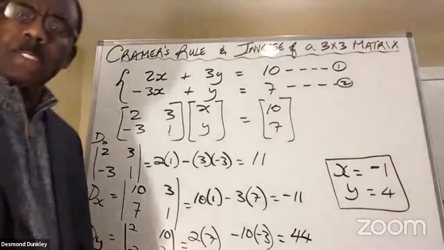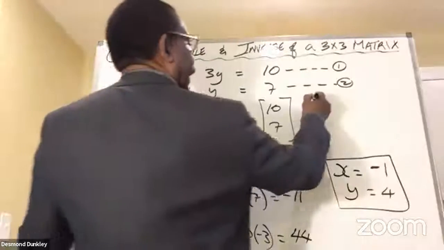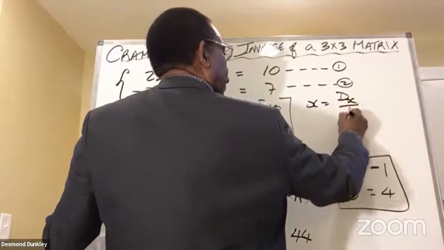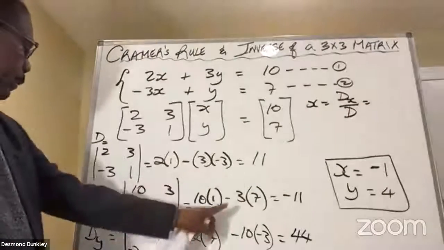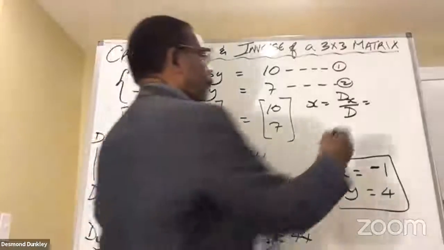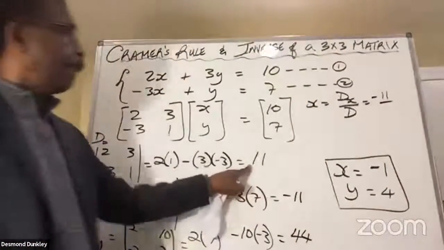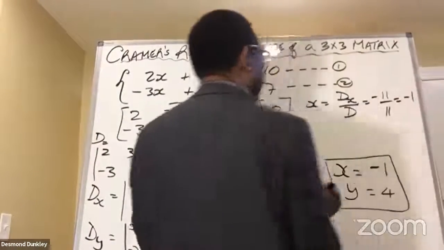And the final answer, according to Cramer's rule, is that x is going to be equal to dx divided by d. So you say dx is negative 11 divided by d, which is 11, gives me negative 1.